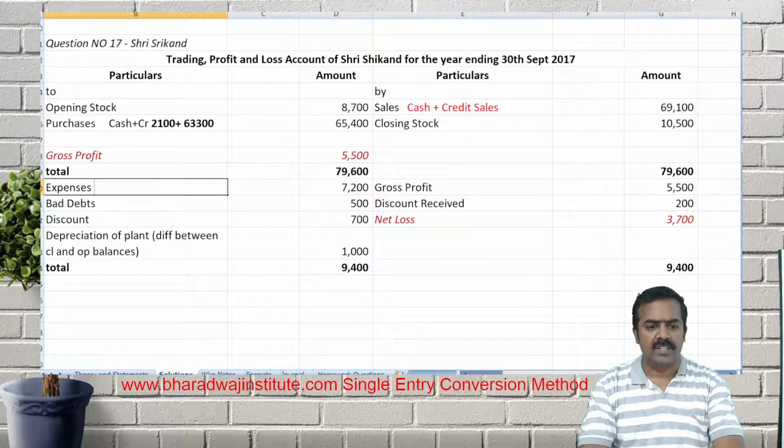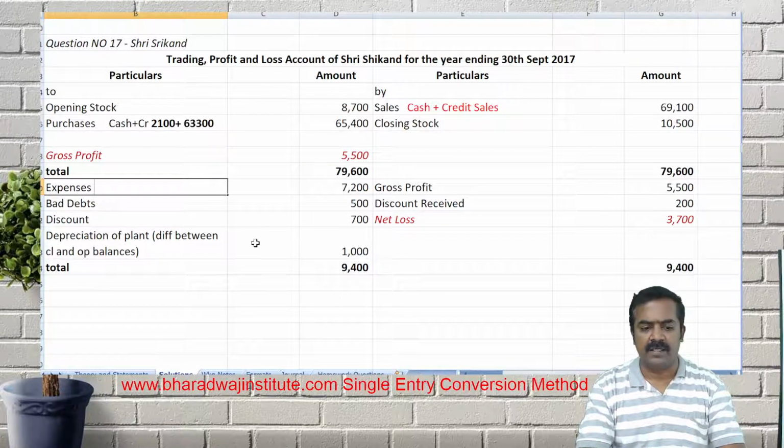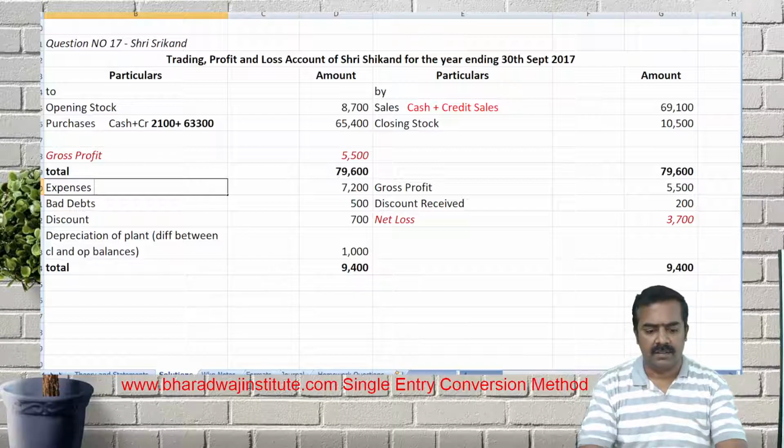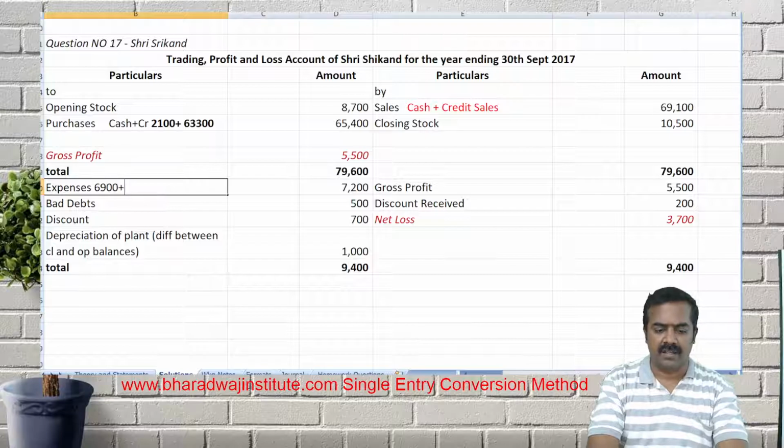Expenses. What are expenses paid in cash and cheque? What are expenses paid in cash as well as cheque? 6,900. Add outstanding at the end. What is outstanding at the end? Minus outstanding at the beginning. Fine.